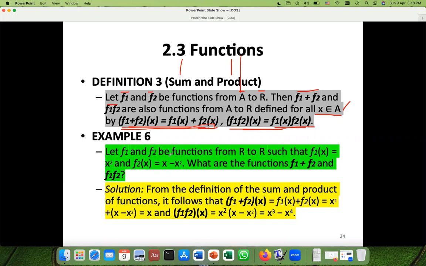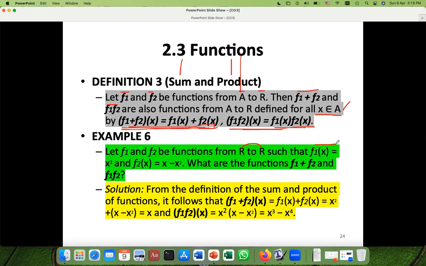Anyhow, if you have f1 and f2 from R to R, now you have one set R, and you apply the sum or product from R to itself.